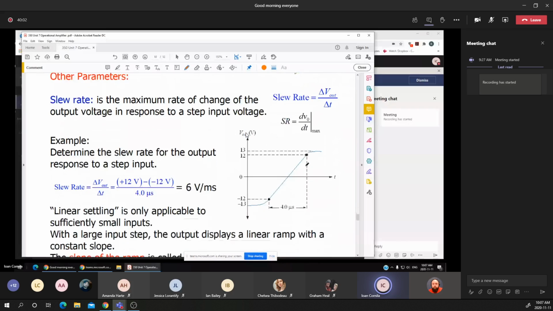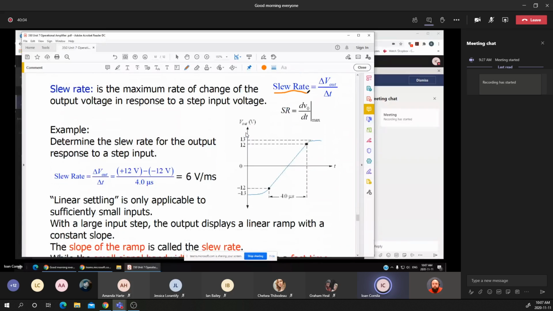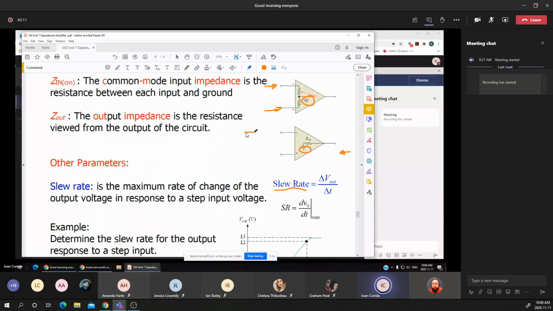Another parameter is the slew rate. Suppose that I'm applying a step up voltage or a square voltage on the input.